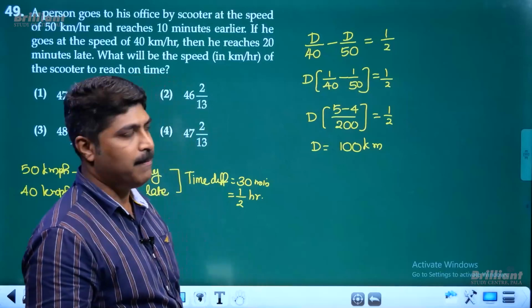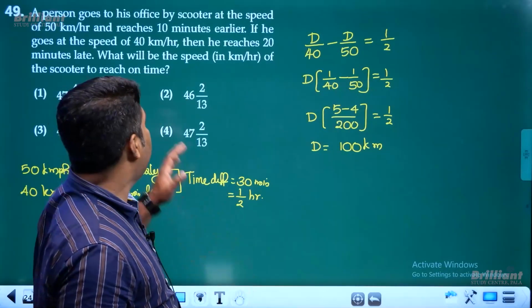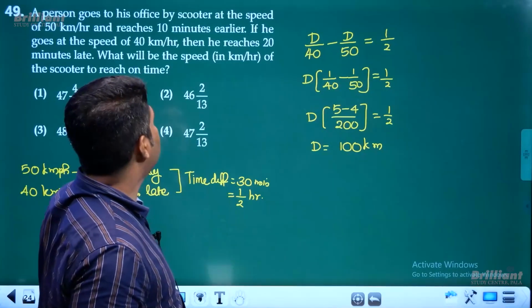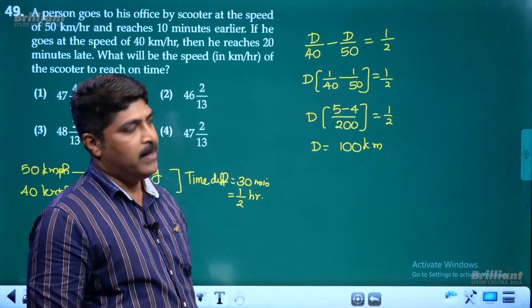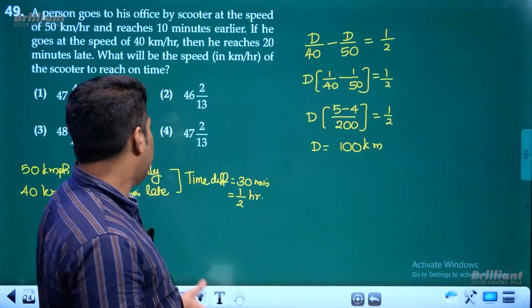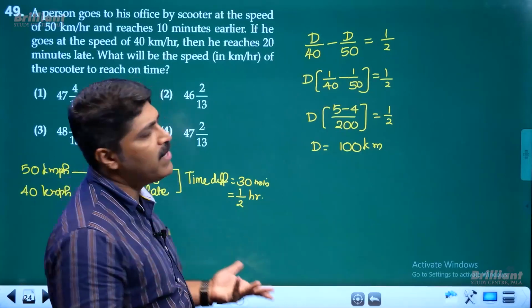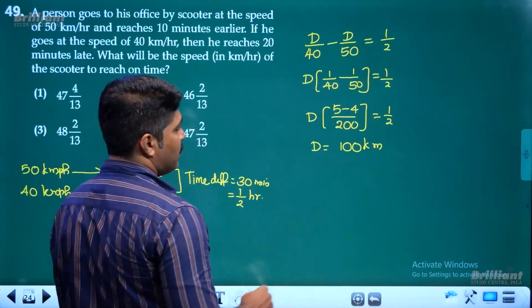100 kilometer. And we are going to find out what will be the speed to reach on time. Here we are considering the speed. If he is traveling at 50 km per hour, like that we can consider.